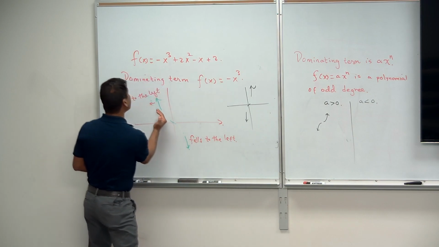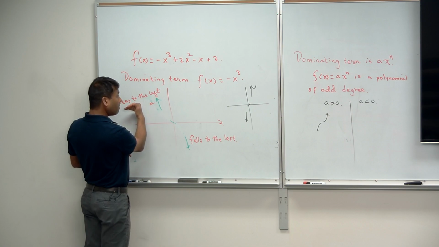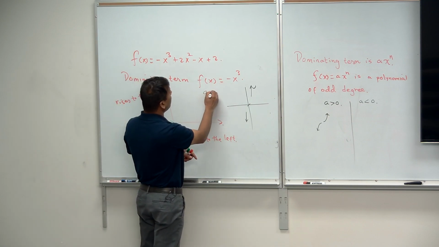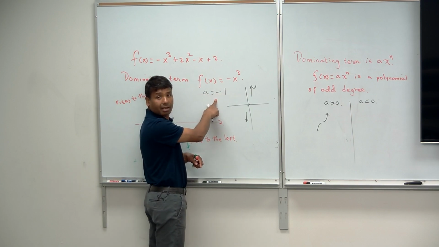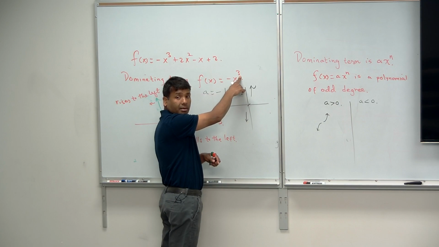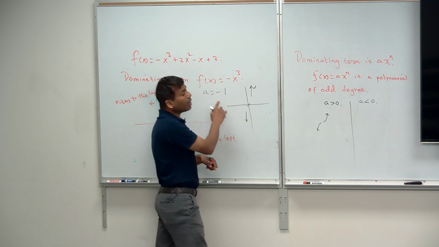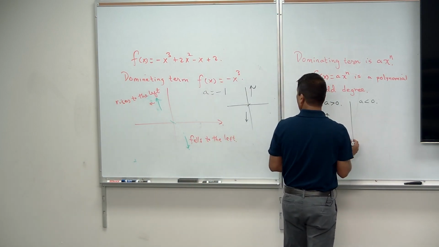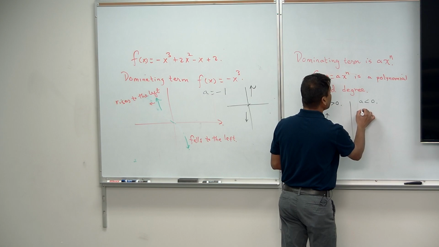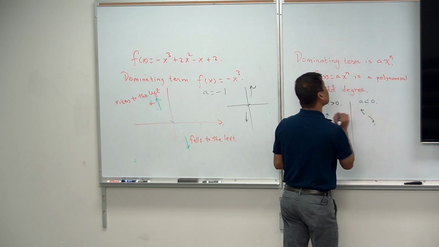And the value of A is negative here. What is the value of A? Negative 1. Is that right? And what is the value of n? 3. This is odd with A negative. So in this case, your end behavior looks like rises to the left and falls to the right.